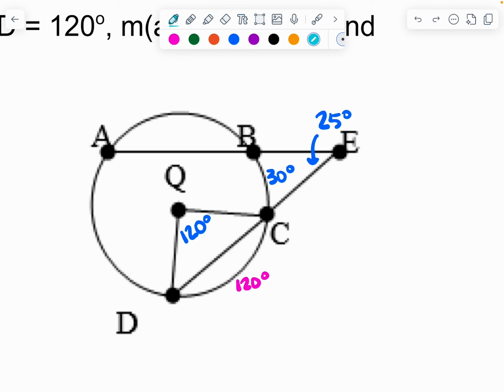The other thing I want to notice is that this angle is an outside angle, and he's half the difference of his intercepted arcs. So you know I'm going to be finding that. So I may as well just go ahead and do that right now.